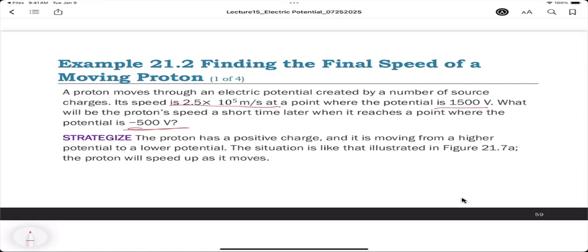The proton has a positive charge and it's moving from a higher potential to a lower potential. The situation is like that illustrated in figure 21.7a. You can check it in the textbook. The proton will speed up as it moves.